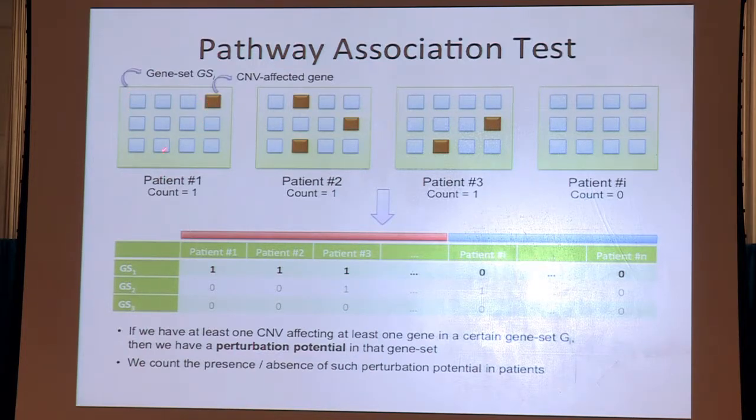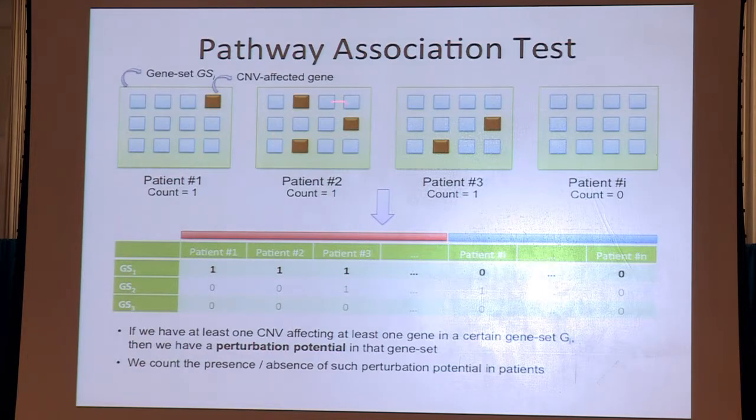So this box represents one pathway. Each column here represents a different patient. And then we look to see, in an individual patient, if the genes in that pathway were mutated. Each time a pathway was mutated in one patient, it would get a count of 1.